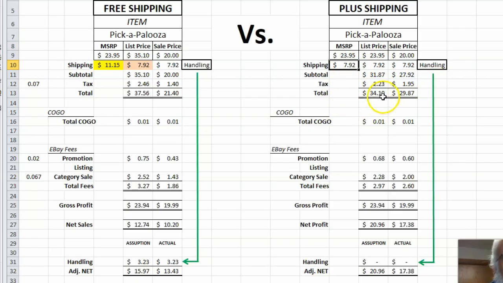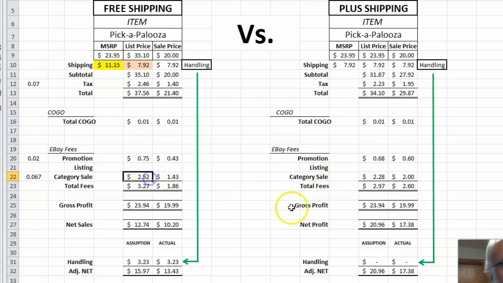So now all of a sudden, our total is less, and it's $34.10. So now we take our cost of goods, which is the same, and it doesn't impact anything there. Now our promotion changes from 75 cents to 68 cents, so it's a little less, 7 cents.